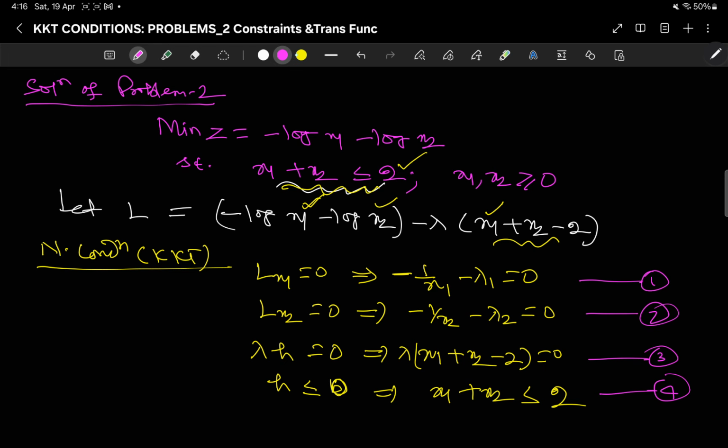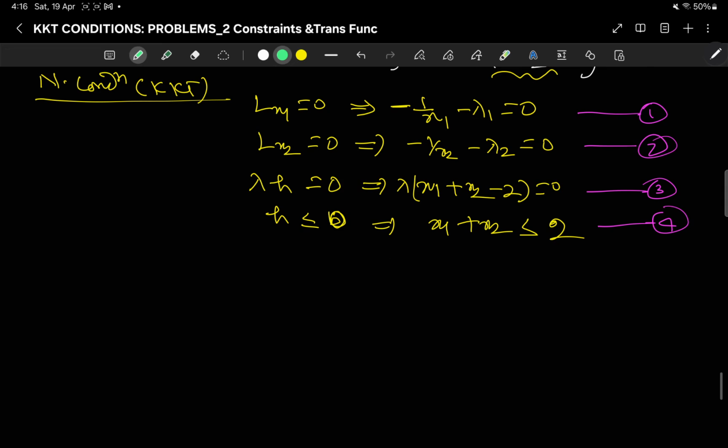Now you see here, this is minimization and the constraint is less than or equal. Minimize and less than, they sound the same, which means lambda is negative. So lambda is negative here. This is condition 5.